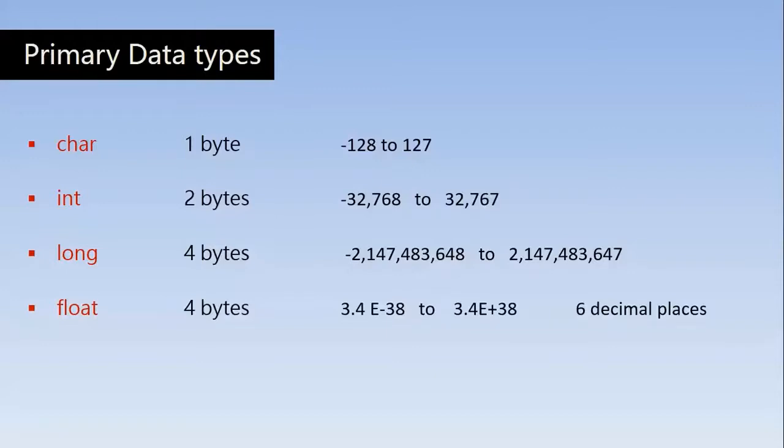That means 3.4 into 10 to the power minus 38. And the maximum value that a float variable can have is 3.4 into 10 to the power positive 38. And the float variable can have a number with the fractional part consisting of a maximum of 6 decimal places.